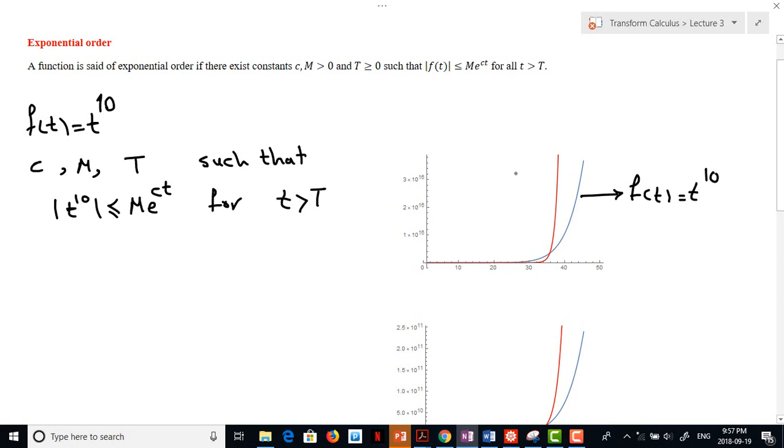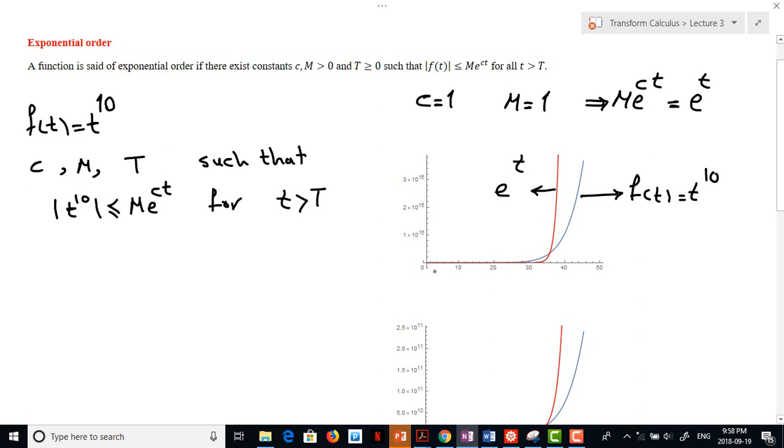I consider one set of constants, so I assume that c is equal to 1 and M is equal to 1. As a result, M times e to the power of ct is equal to e to the power of t. The red plot here represents e to the power of t.